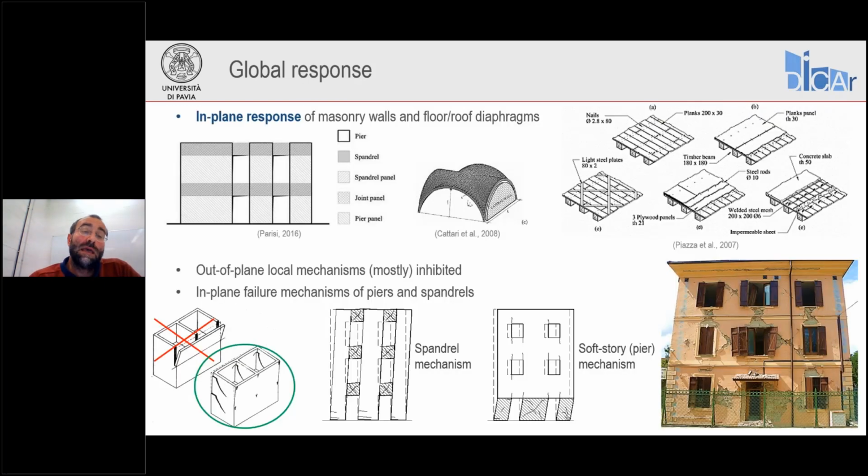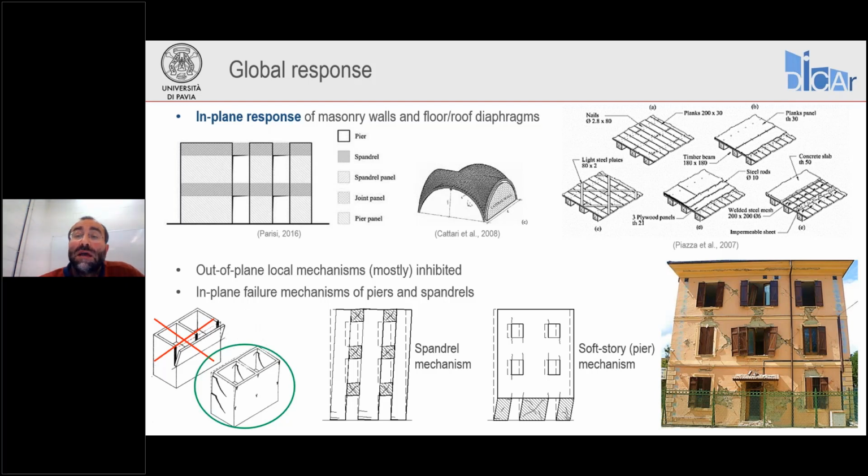Now, when we talk about global response, we are thinking about in-plane response of masonry walls and also of floor and roof diaphragms. Masonry walls typically consist of vertical piers and horizontal spandrels that meet at nodal regions.